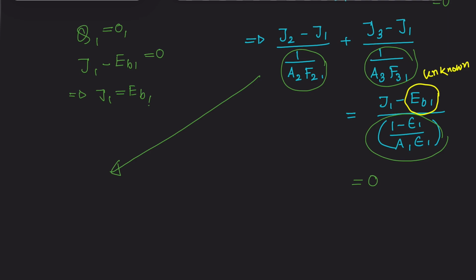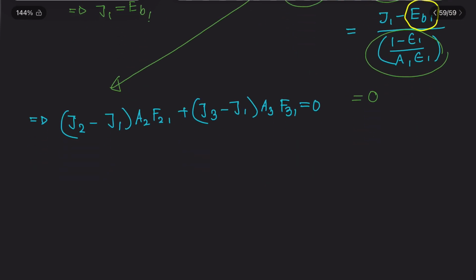Ultimately this equation boils down to J2 minus J1 into A2 F21 plus J3 minus J1 into A3 F31 is equal to 0. Right?